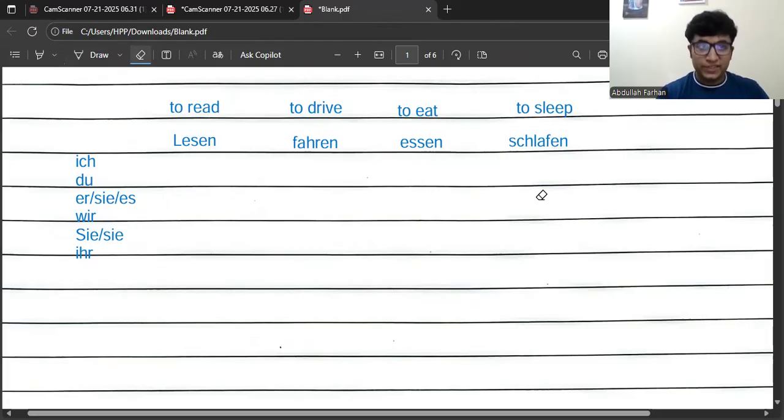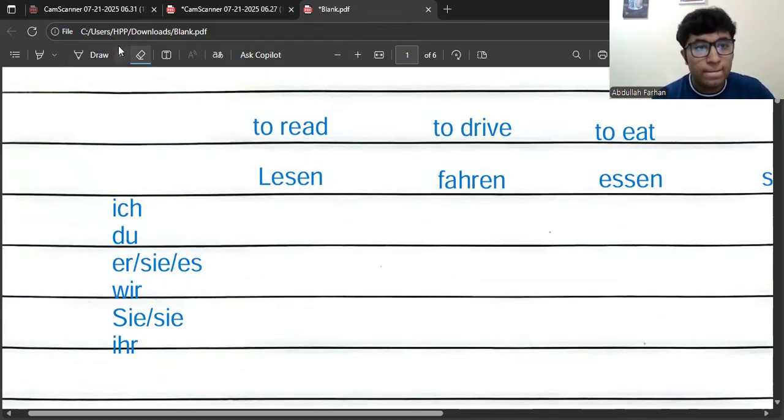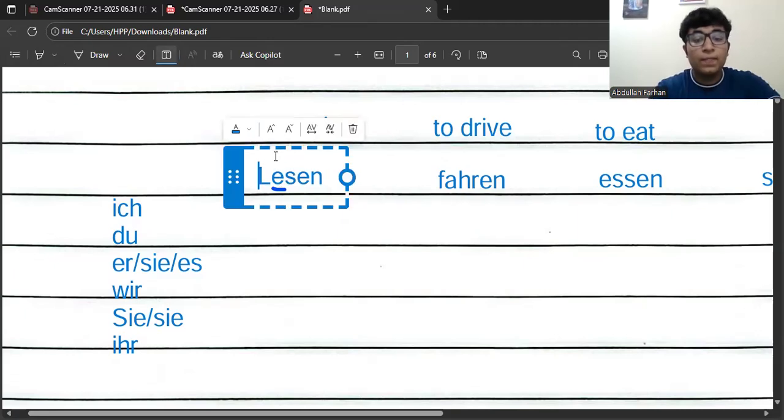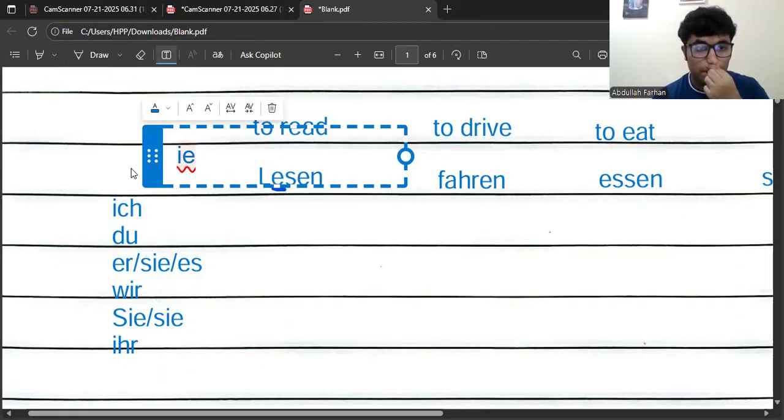Now, what is the difference? It isn't very significant, it's a very minor difference. For example, in lesen, the E gets replaced with IE.